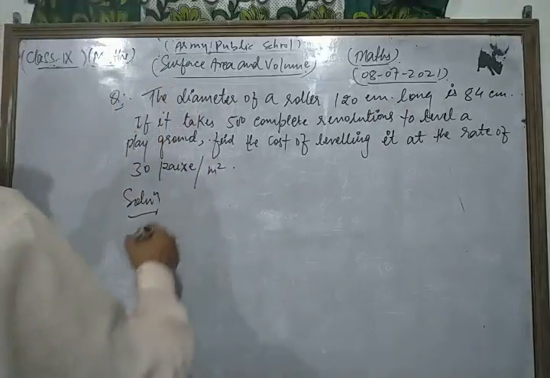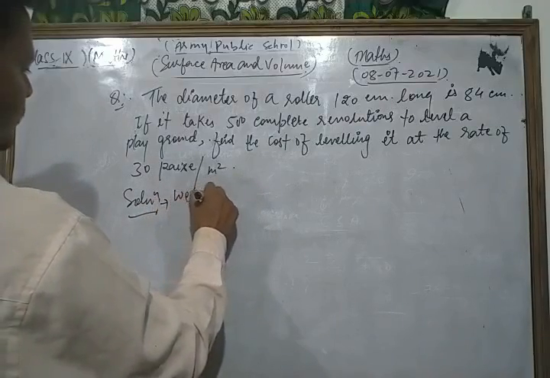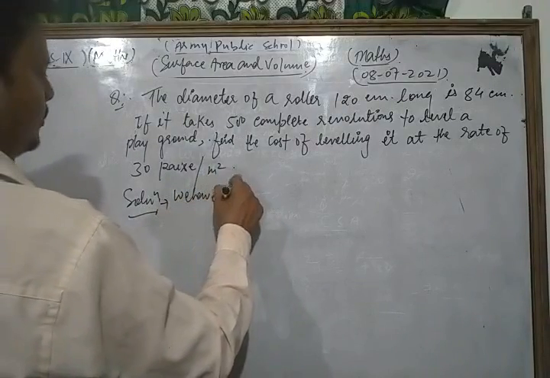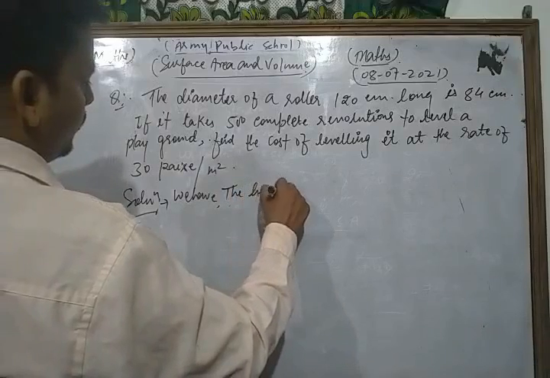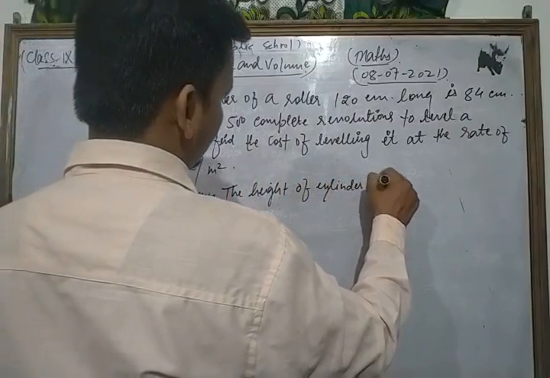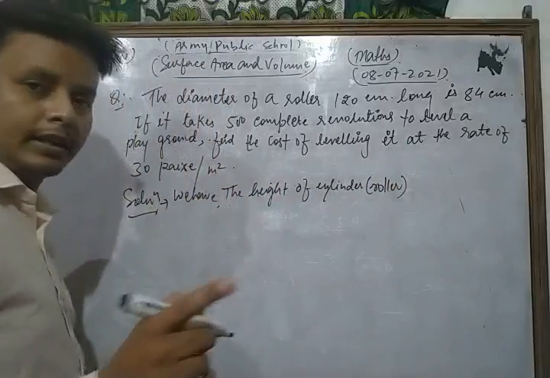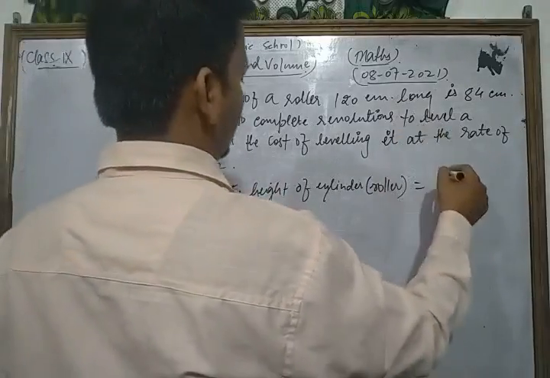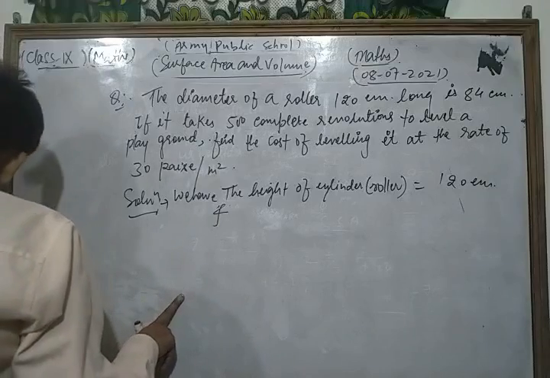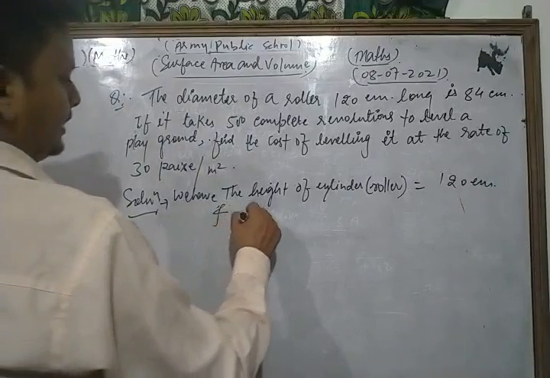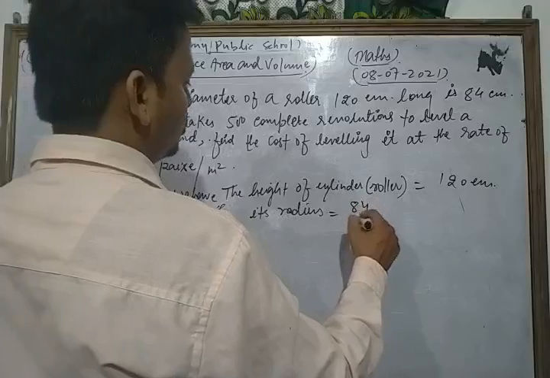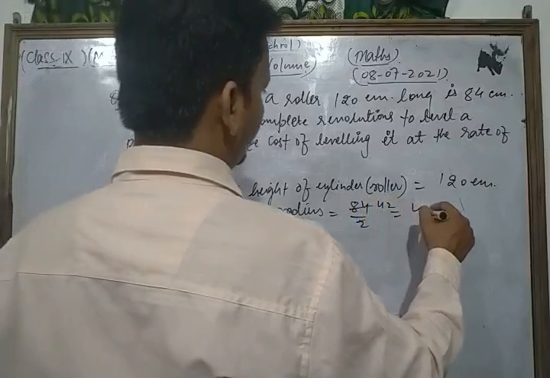So according to the question, the height of the cylinder, that is the roller, is 120 centimeter, and the diameter is given as 84 centimeter. So its radius is 84 upon 2, that is 42 centimeter.